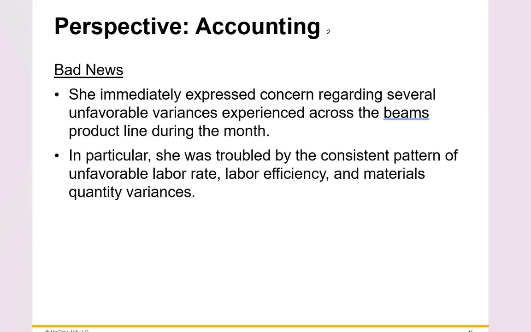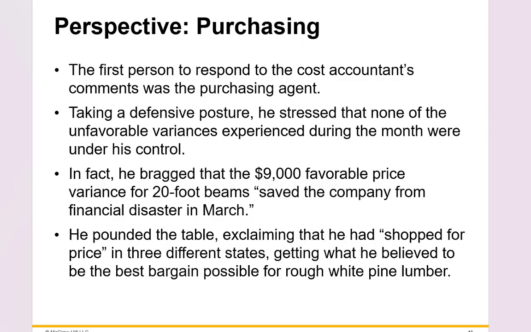The bad news is that several unfavorable variances occurred during the month: unfavorable labor rate, unfavorable labor efficiency, unfavorable materials quantity variance, and perhaps it was the extent of rework that would be required. So, as they're going through the meeting, the first person to respond was the purchasing agent. He stressed that none of the unfavorable variances experienced were under his control.